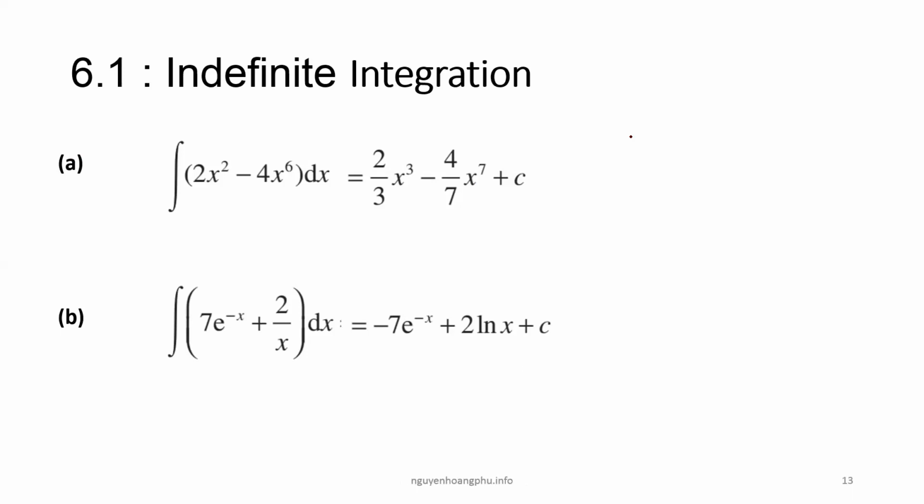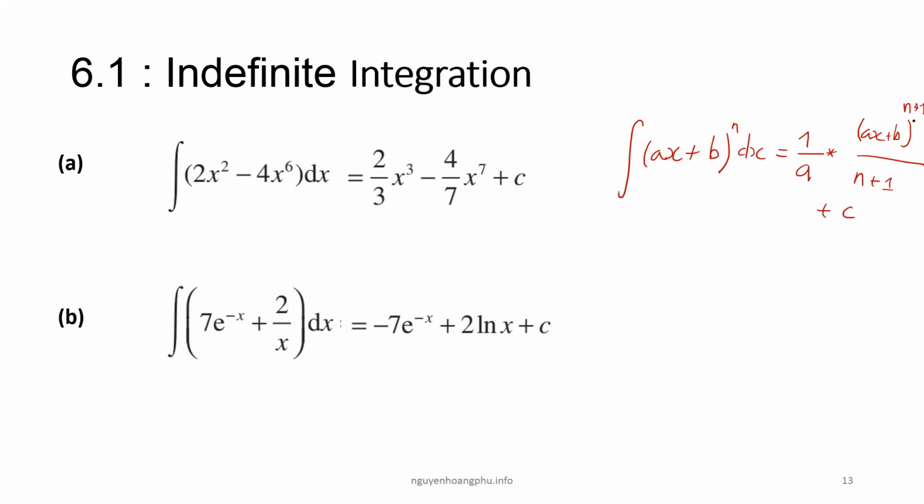We remember if it is the integral of (ax plus b) power n dx, you need to take a outside first. Then it will be (ax plus b) power n plus 1 divided by n plus 1, plus c.